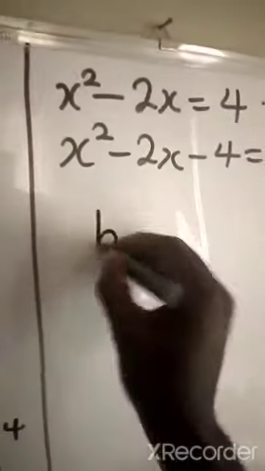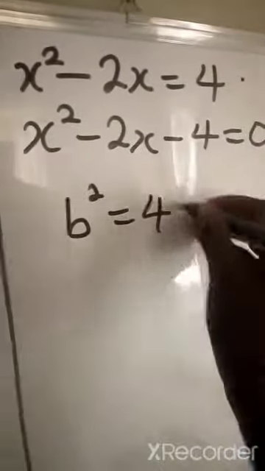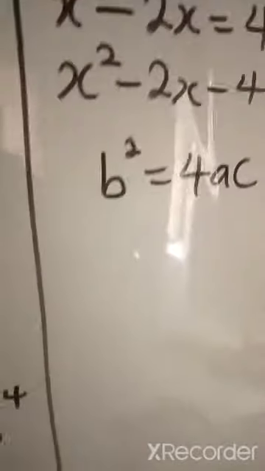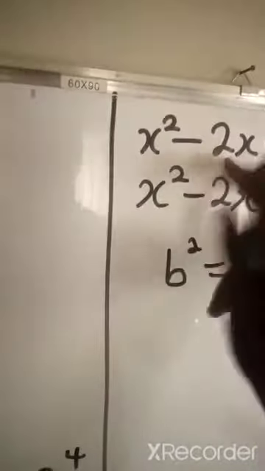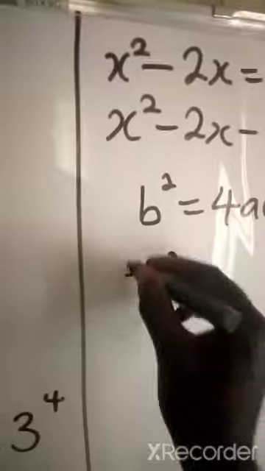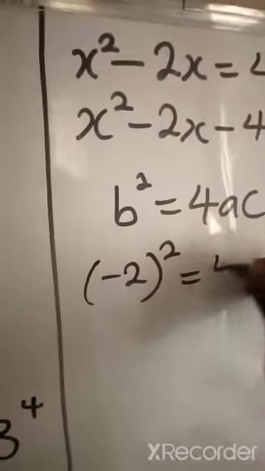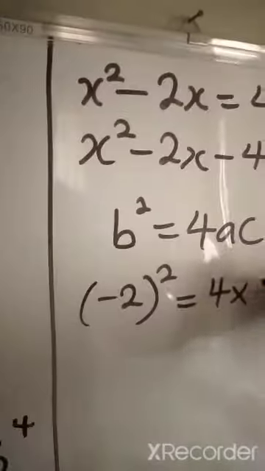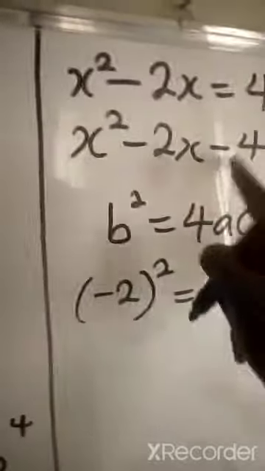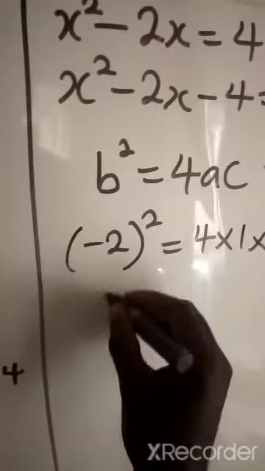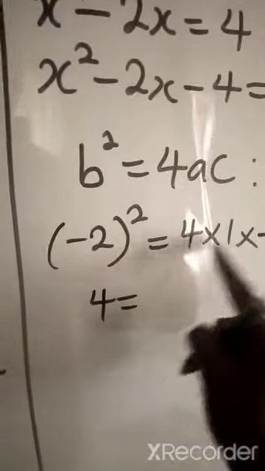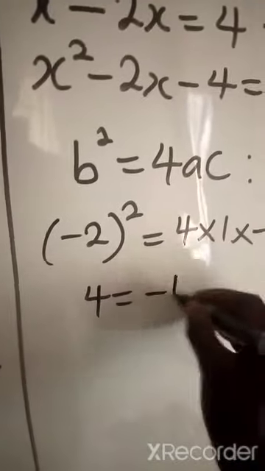And the formula is b squared minus 4ac. Don't forget our b here is minus 2. We have minus 2, you square it. Our a is 1. Then our c is minus 4. You see that this will give us 4, now 4 times 1, 4 times 4 will give us minus 16.